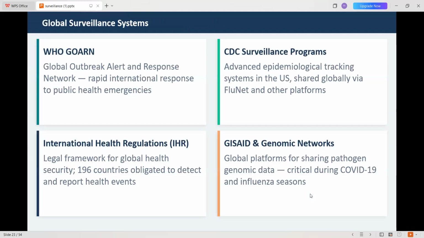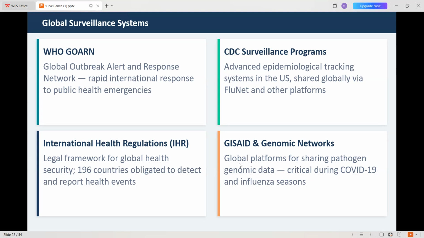Next is the global surveillance system. The global surveillance system includes the WHO Global Outbreak Alert and Response Network, which provides rapid international response to public health emergencies. The CDC surveillance program is an advanced epidemiological tracking system in the US, shared globally via FluNet and other platforms. The International Health Regulations are the legal framework for global health security, with 196 countries obligated to detect and report health events.